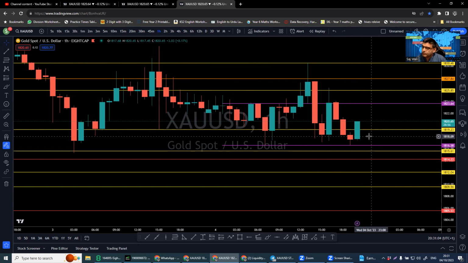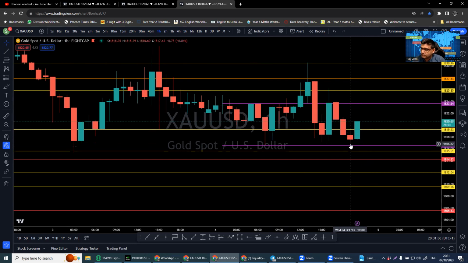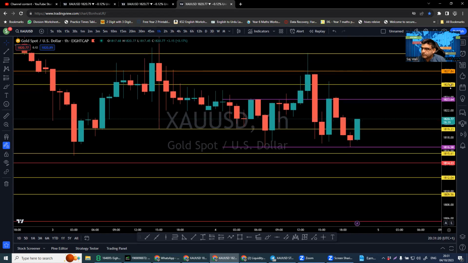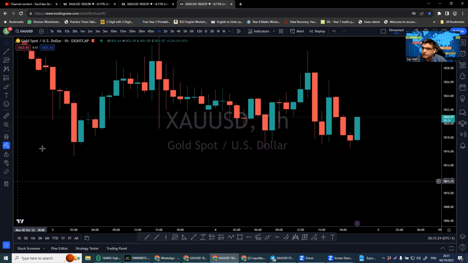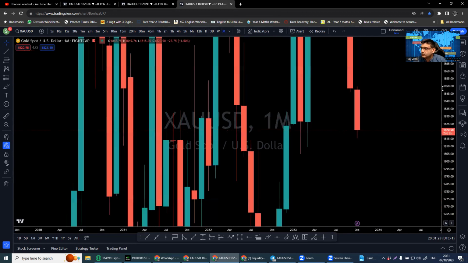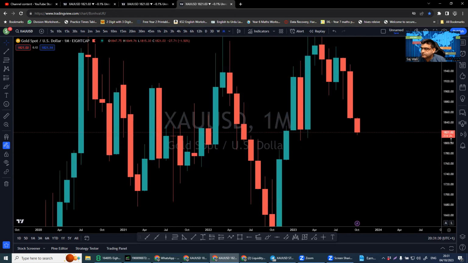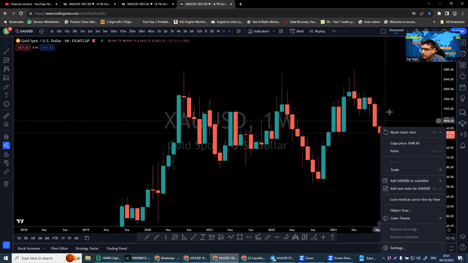I hope you made profit, and if you still have a trade running, you can see the market is going up from this support level and also this Asian low as well. That was amazing. Right, let me draw the new fresh support and resistance so that you can analyze according to that.